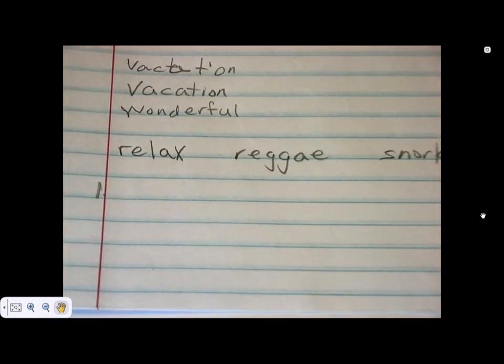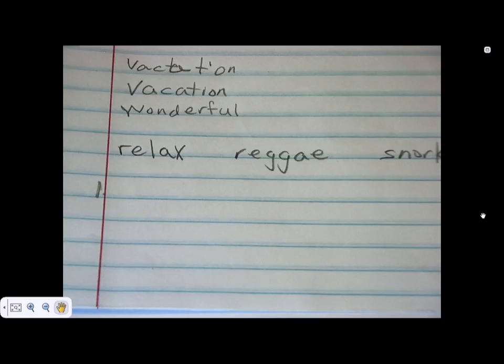You have 1 minute. The answer may not be in the passage, but it's going to be, what do you think? You're going to use your knowledge. You're going to analyze why and what you read and decide, why do you think they wrote this? What is the author's purpose?